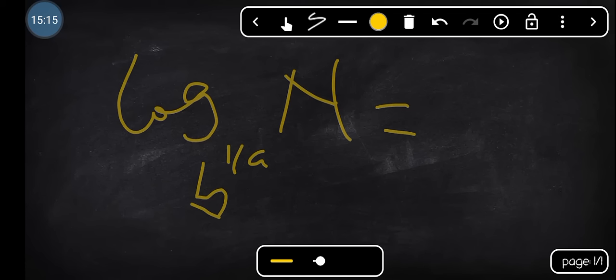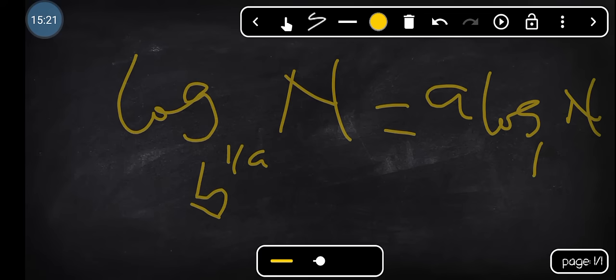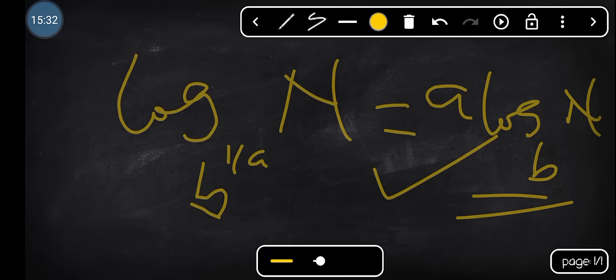What is the inverse of 1 over a? That is a. So this one becomes a log n base b. That is a very important law in logarithm. Very, very important.